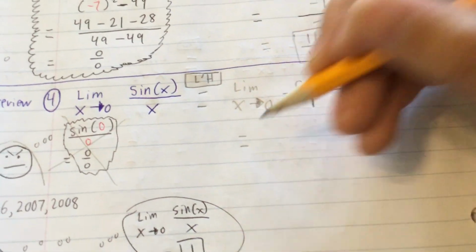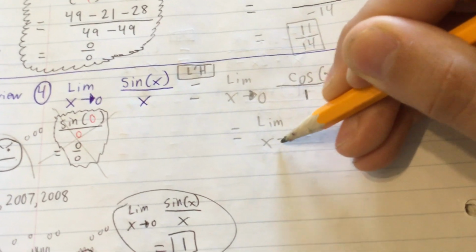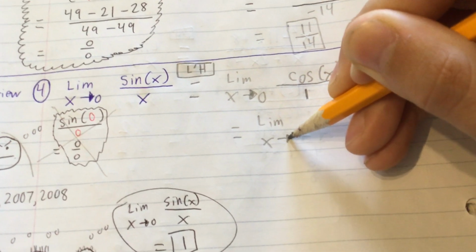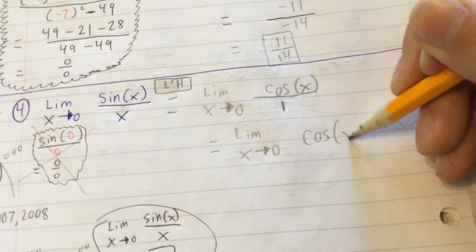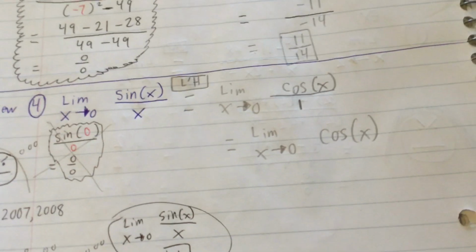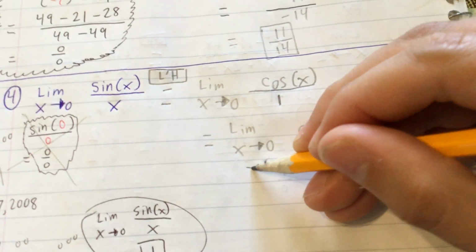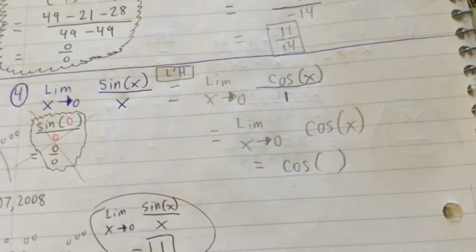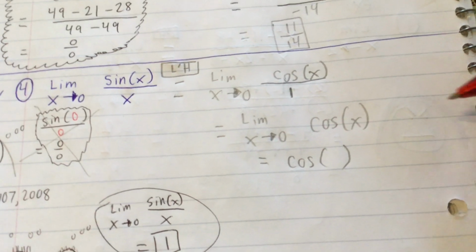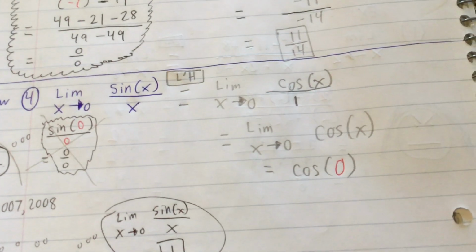And now, the limit as x approaches 0, just to be neat, is just cosine of x. Let's plug it in now. So now I've got cosine of 0 radians, just to be specific. Whenever you're in calculus and you've got trig functions, you're in radians, not degrees.